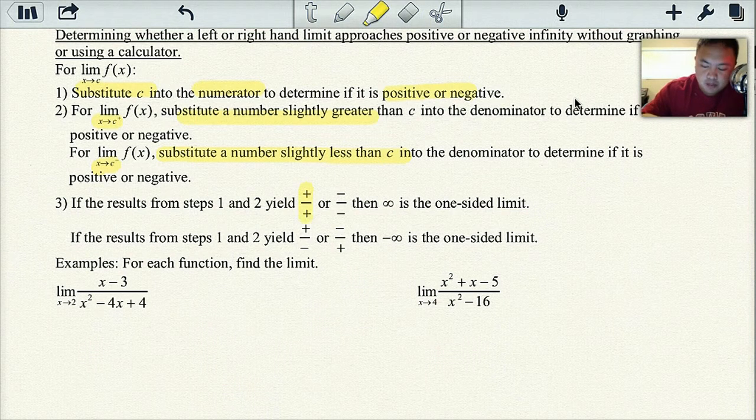If your fraction is plus over plus or minus over minus, you get positive infinity. If you get plus over minus or negative over positive, you get negative infinity, because positive divided by negative is negative.